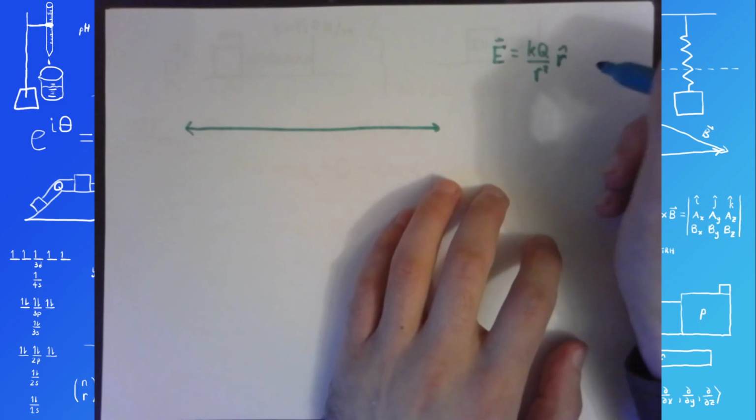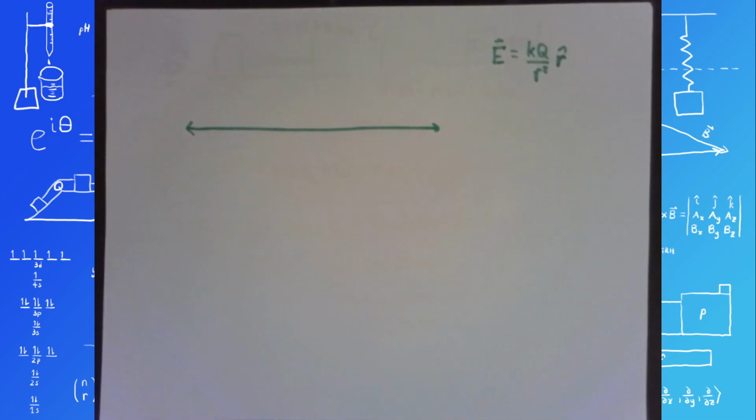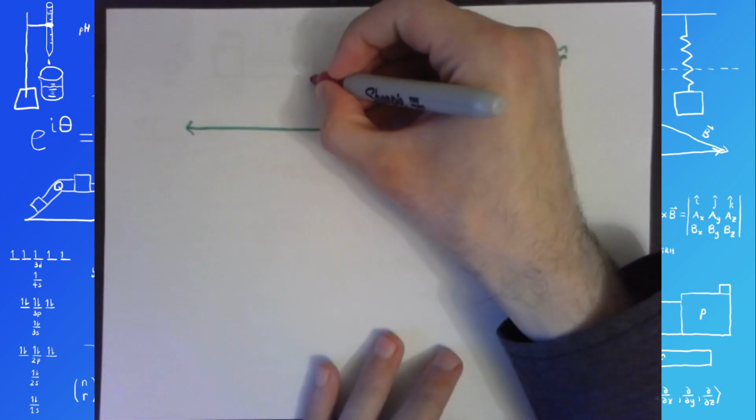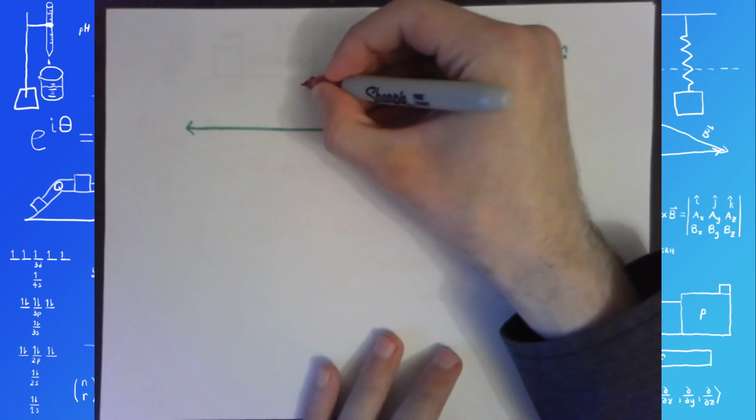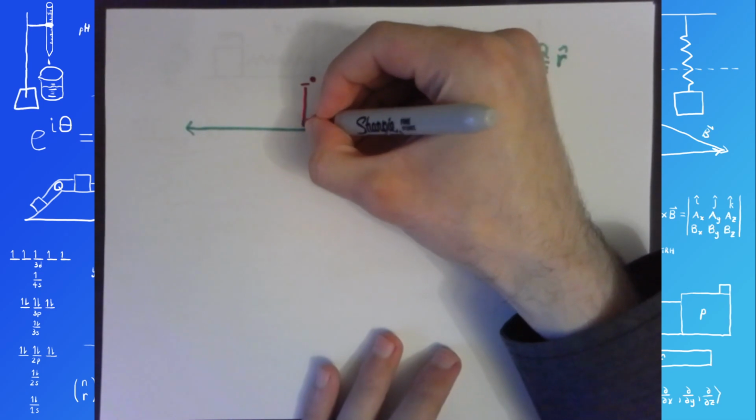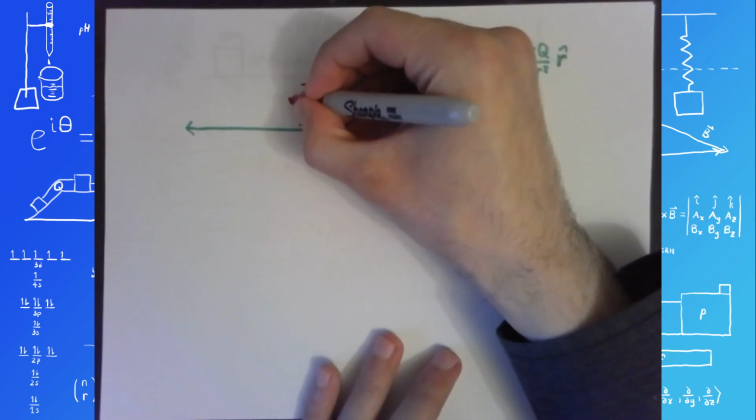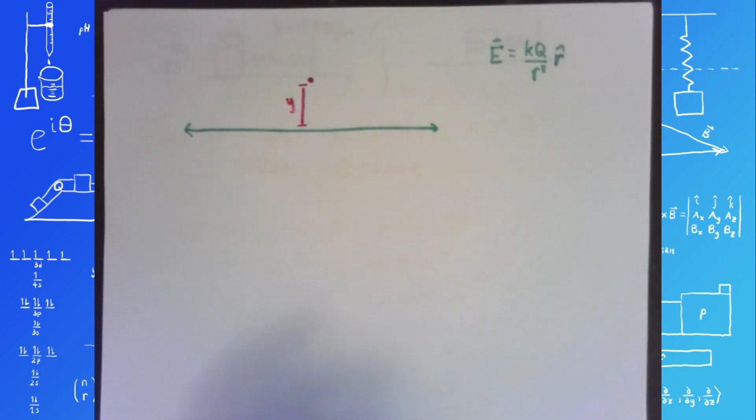Anyway, what do I want to do? I want to figure out what is the electric field strength at a point that is, let's call this y meters away from an infinite line of charge.